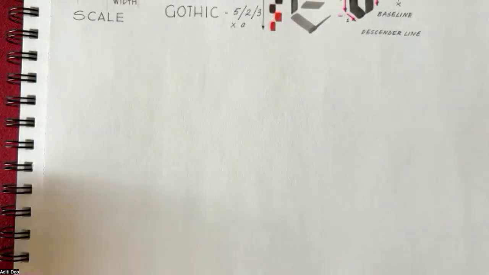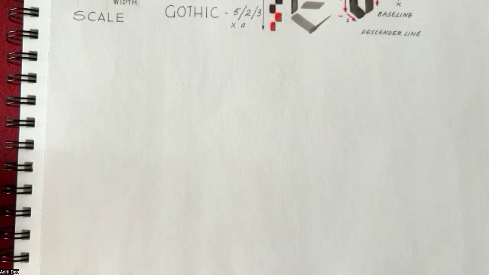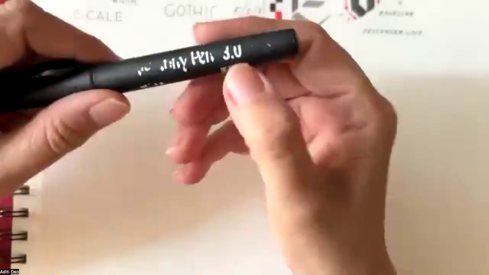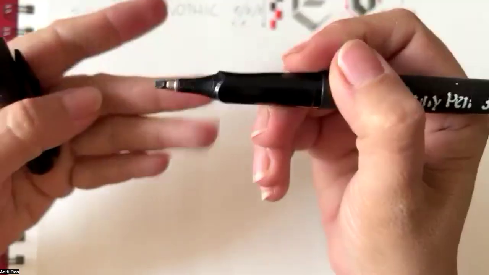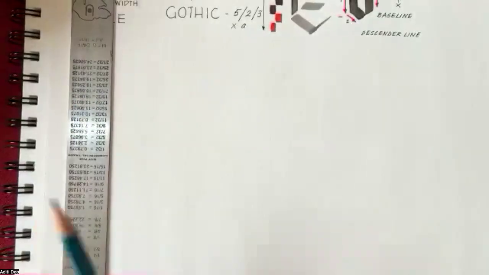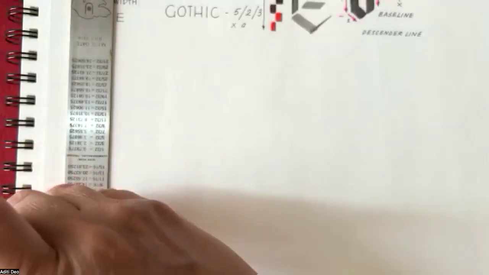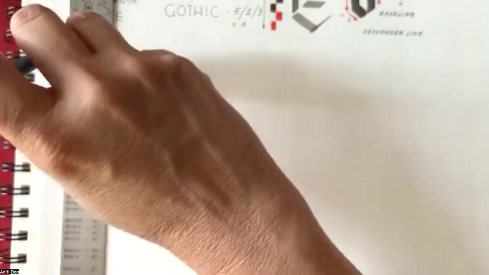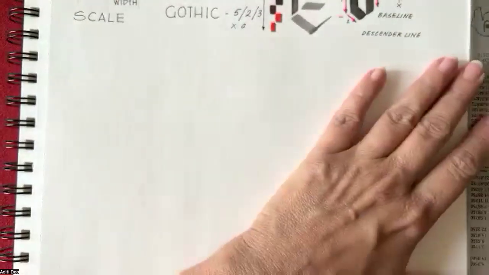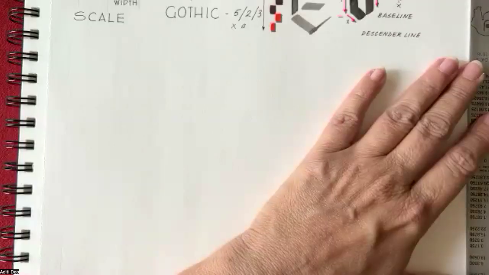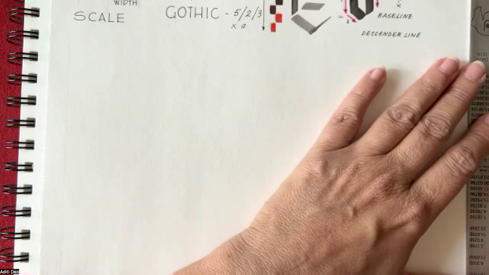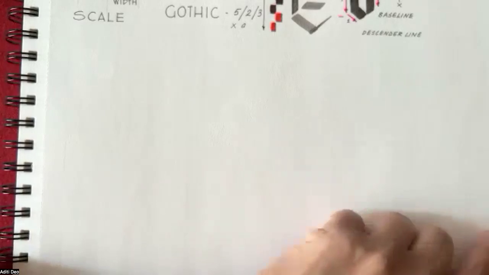I'm switching from my brush to a 3 mm calligraphy pen that's about this wide. And here's what I'm going to do. I'm going to mark with my ruler a line on the left and a line on the right. And I'm going to make a scale on both sides. So you have to be very accurate.